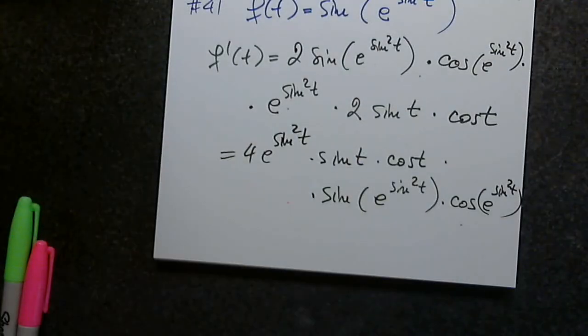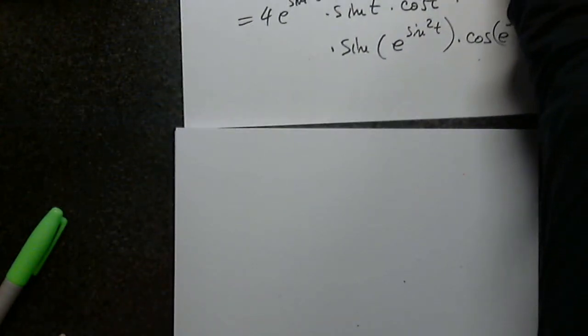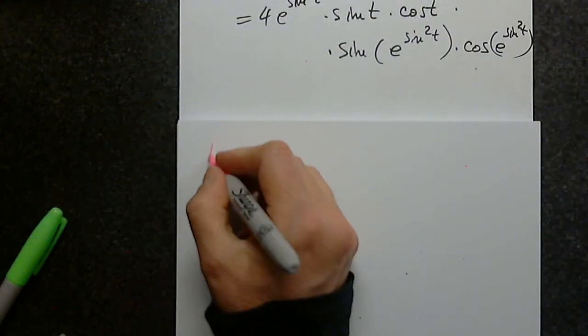What happens if time goes by? What will be the percentage of people who hear the rumor? And then find the rate of spread of the rumor. What does that mean? Of course, yes, p prime of t. Very good. That's it. So this is problem 84 on page 207.